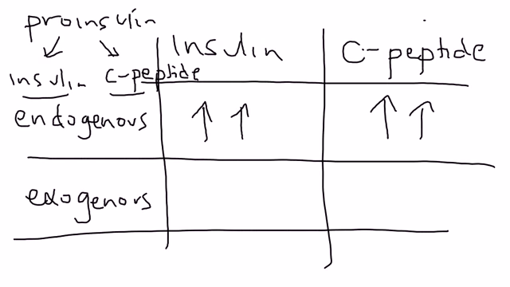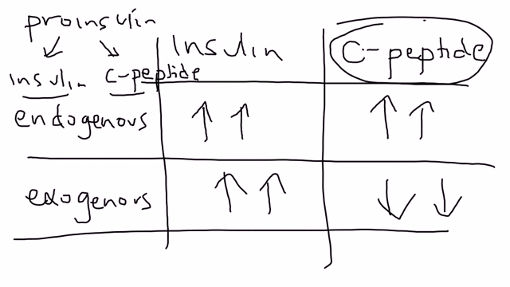But if you're exogenously giving it as a preparation, as an injection, then that will be different, because injectable insulin preparations do not contain C-peptide. So this will be low or normal, and this will be high. So that's the key reason why people will measure this when you're investigating.